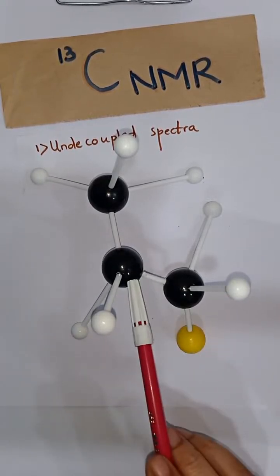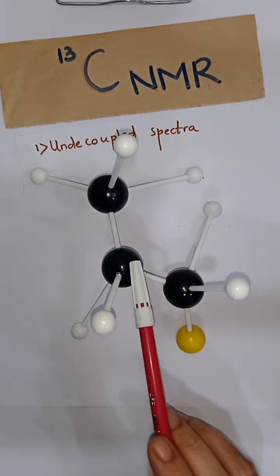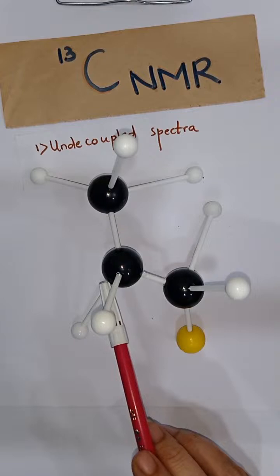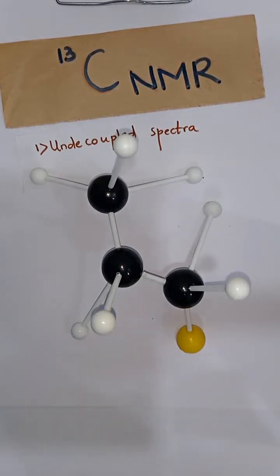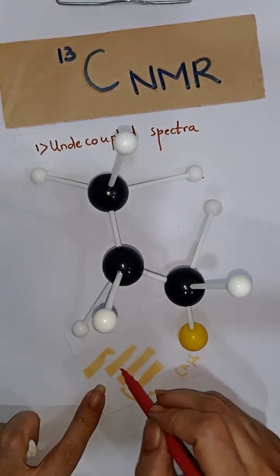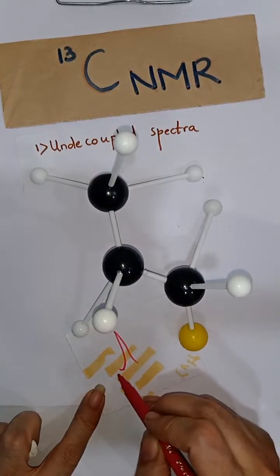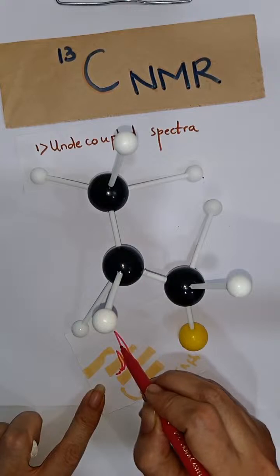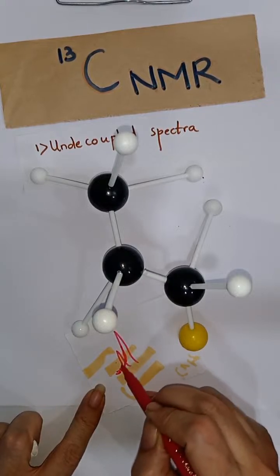This is a small molecule. Even if the molecule is moderately large, it is very difficult to interpret. Signals that are observed will overlap with each other. If this is the signal of carbon, small signals of hydrogens will also be observed and they will be overlapping within itself.